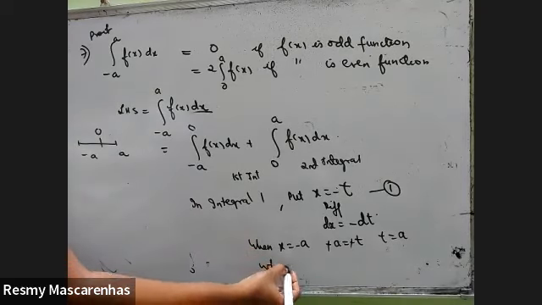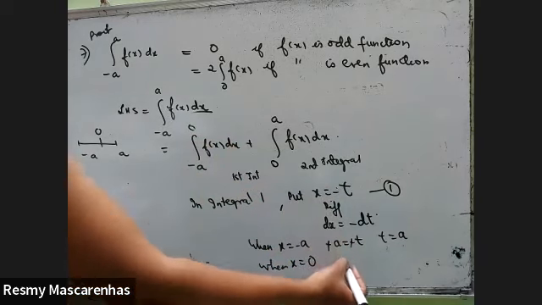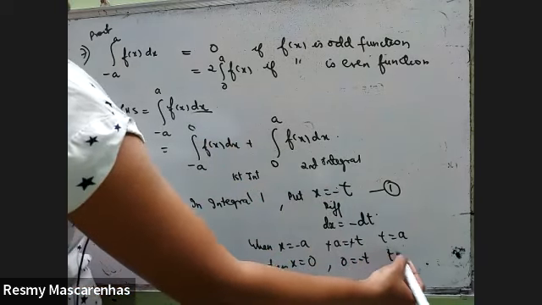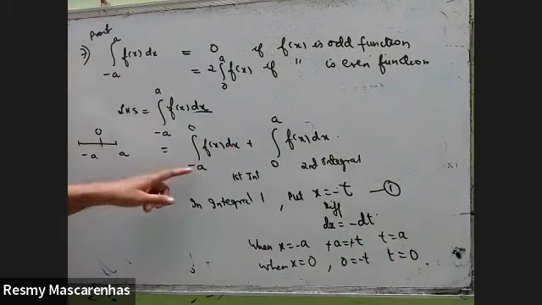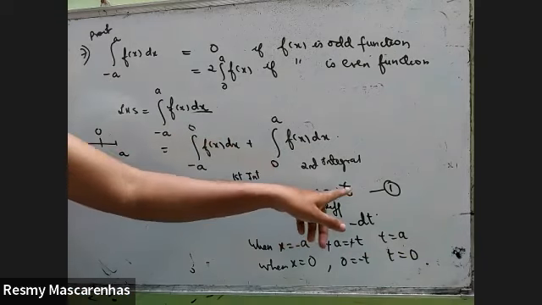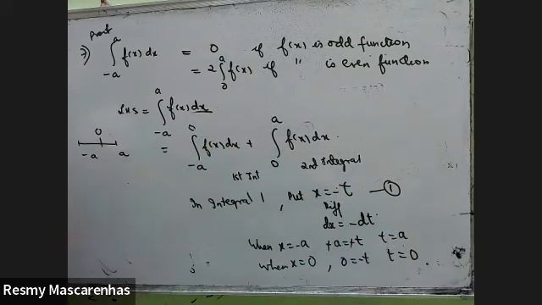When x is equal to 0, t equals 0. These limits you put into equation 1 and see what the value of t is. So when x is minus a, t is a. And when x is 0, t also is 0.